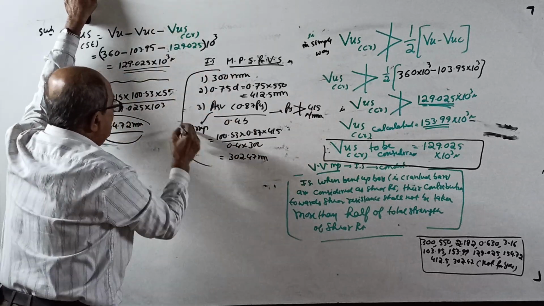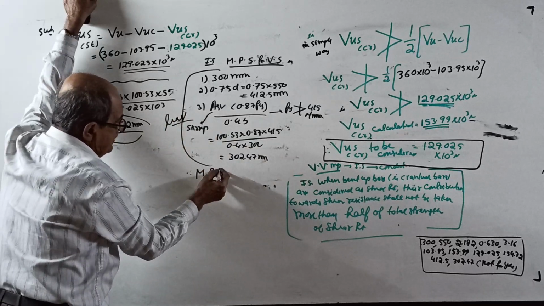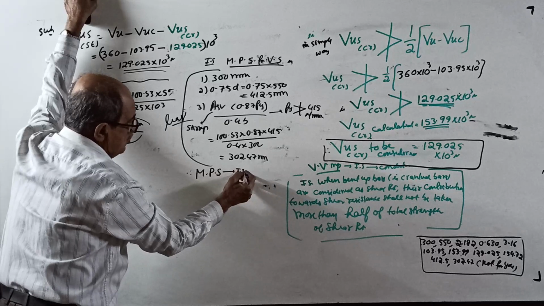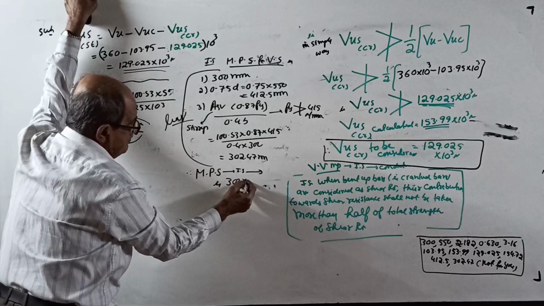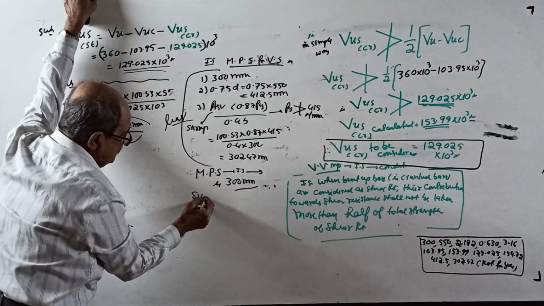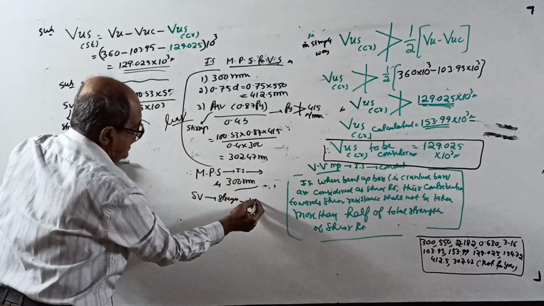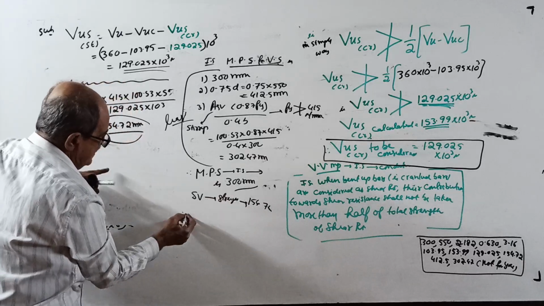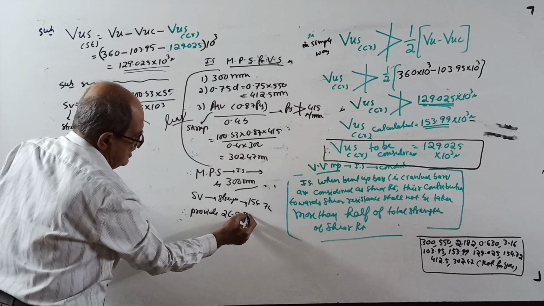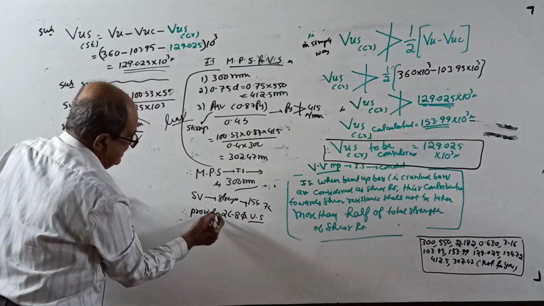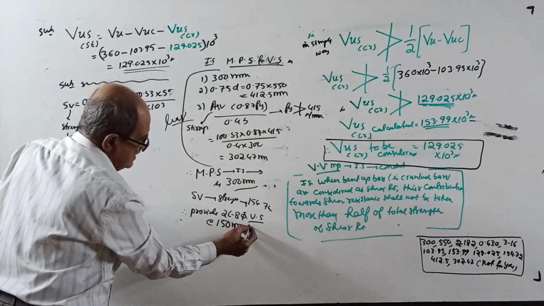Among all these values, whichever is least, therefore, maximum permissible spacing as per IS code for vertical stirrups is 300 millimeter. Spacing SV we got from strength is 154.72. Again least, therefore provide 2-legged 8-torr vertical stirrups at 154, round off 150 millimeter center to center.